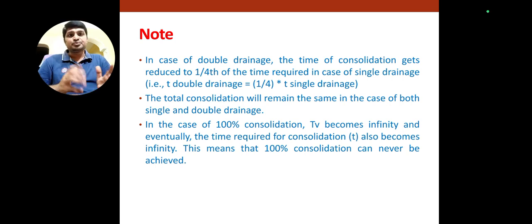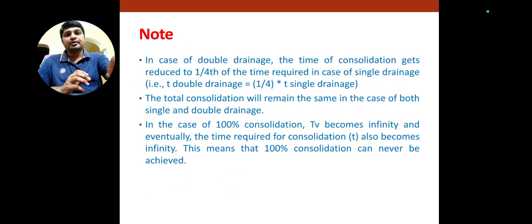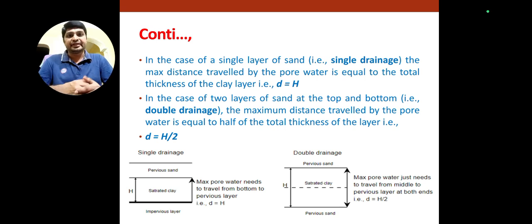What are the points Terzaghi noted? In case of double drainage, the time of consolidation is reduced to one-fourth of the time required in case of single drainage of the water from the soil. So if you take two types of drainage paths, one is single drainage and the other is double drainage.